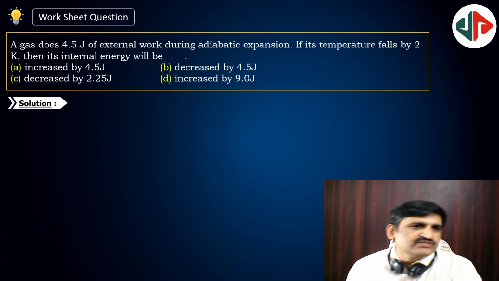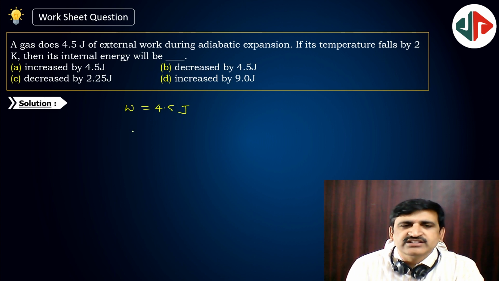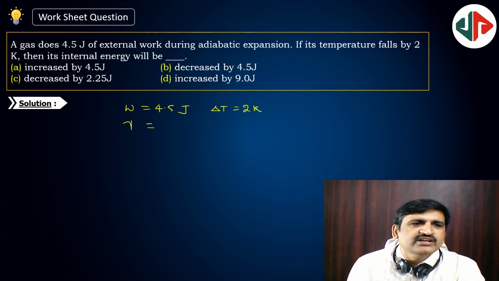A gas does 4.5 joule of external work during adiabatic expansion. Gamma is given, and its temperature falls by 2 Kelvin, delta T is equal to 2 Kelvin. Its internal energy change is asked. The F value, the gas name also he didn't mention.